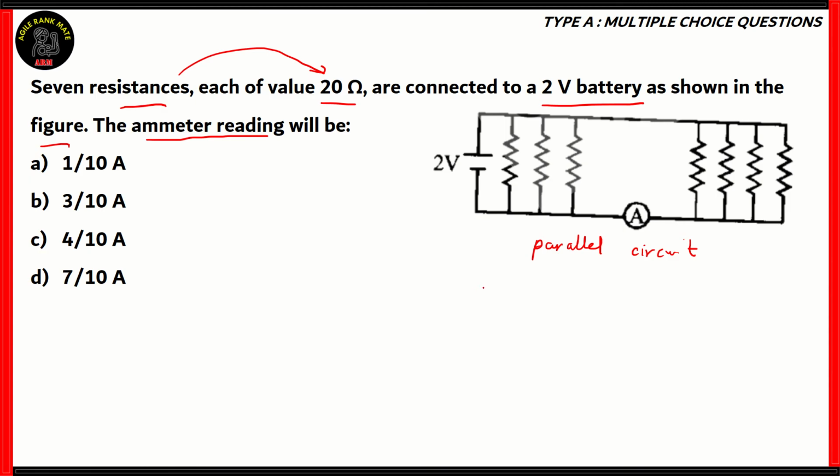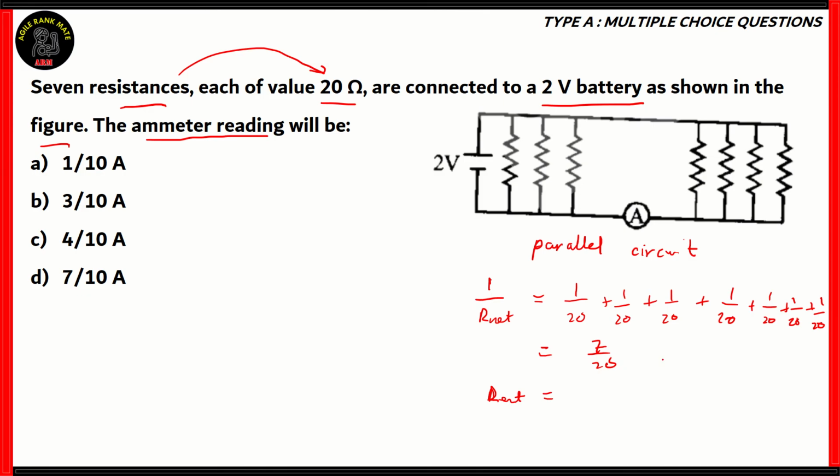So when you have parallel resistance, we find the inverse. We find 1 over R net first, which is 1 by 20 plus 1 by 20 plus 1 by 20. Just add 1 by 20, 7 times. So that will be equal to 7 over 20, which means net resistance will be 20 over 7 ohms.